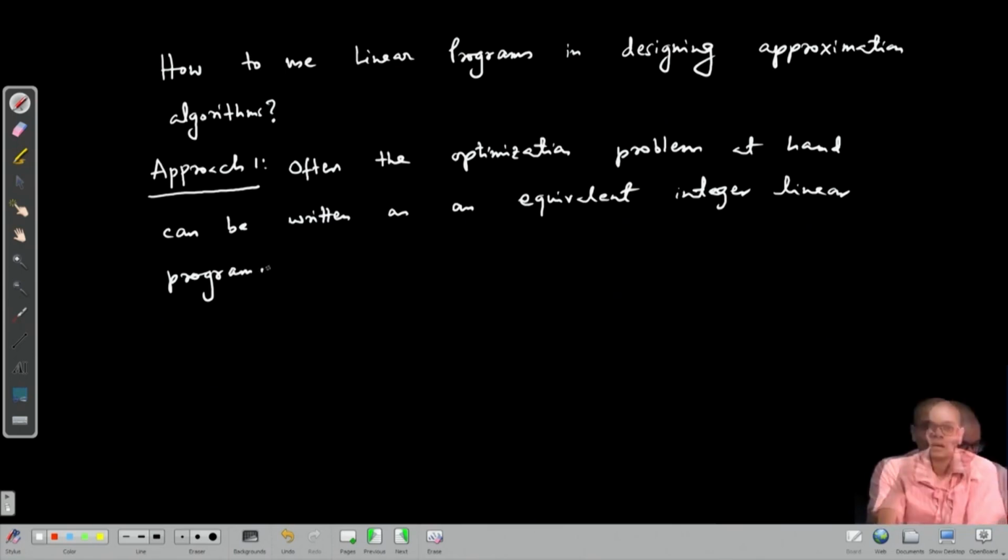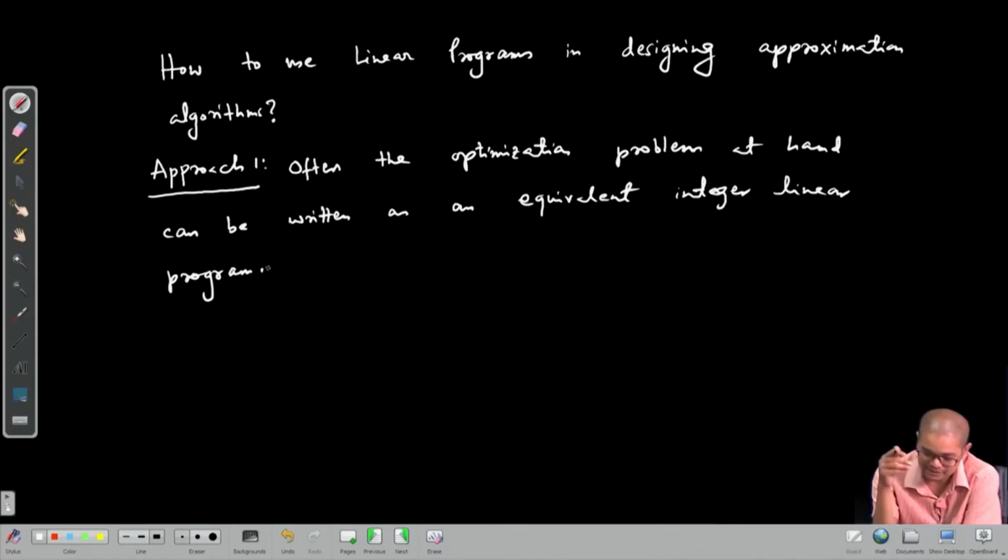Now, what do I mean by that? An integer linear program is like a linear program: it has a set of variables, an optimization function which is a linear function over the variables, and a linear set of constraints, but some of the variables can take only integer values.